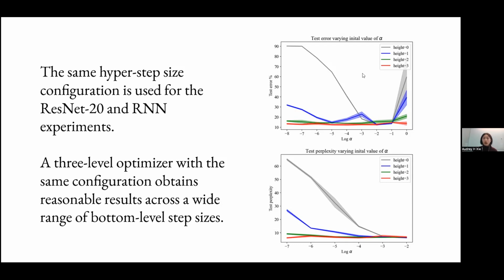The top plot here is the ResNet 20 experiment, and the lower plot is the RNN experiment. With just the ordinary optimizer, the gray line, for the ResNet 20, it's not good for this entire range. But when you look at height of 2 or height of 3, it's pretty flat, and it's at the same level as the lowest test error, which is really, really interesting.